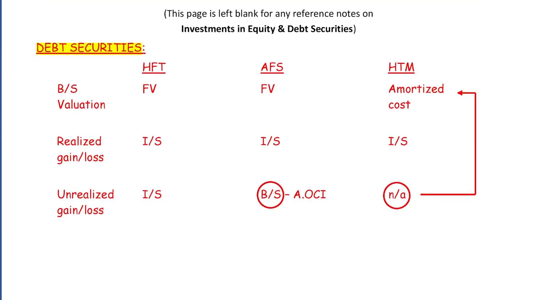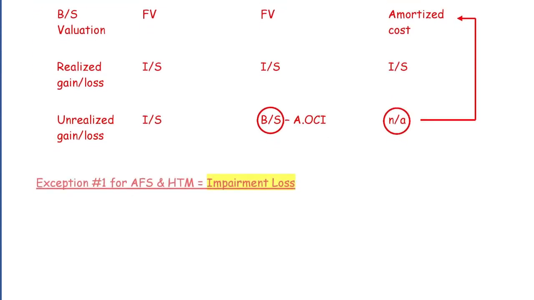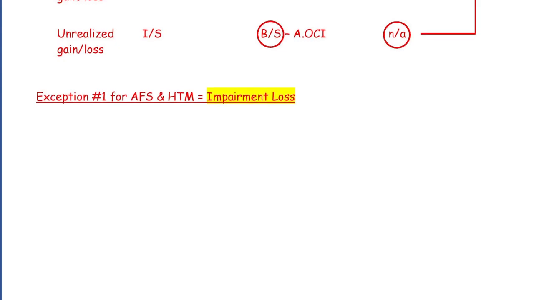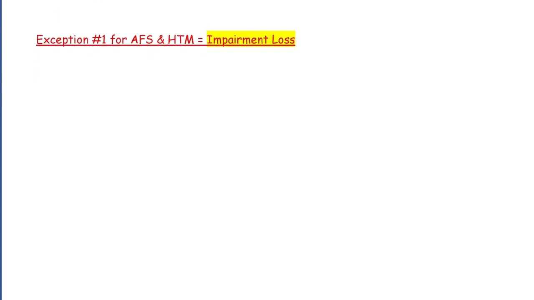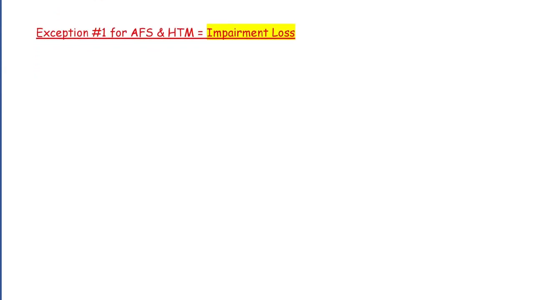Now let's talk about exception number 1 for AFS and HTM, and that is impairment loss. So, 2 column headings for AFS and HTM. Let's talk about balance sheet valuation.